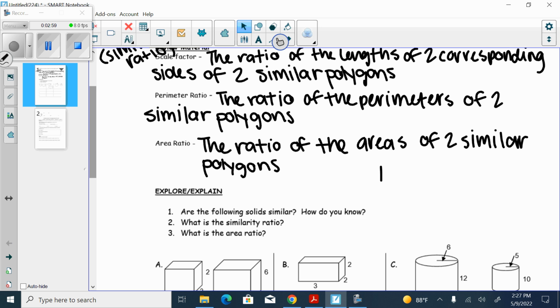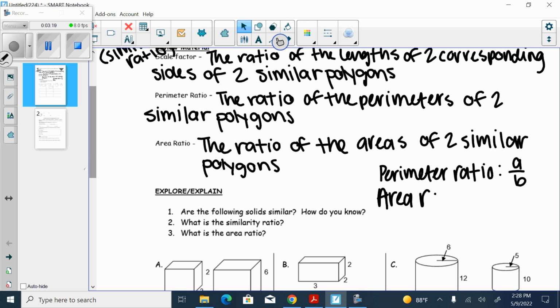So if I was given some perimeter ratio, maybe they just said the ratio was A over B. Then if they asked me to turn that into an area ratio, I'm going to need to square both A and B. So it ends up as A squared over B squared, right? And that's what we learned back in Unit 8 when we were just talking about our two-dimensional figures.